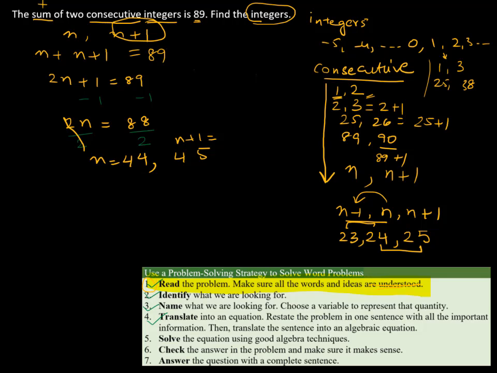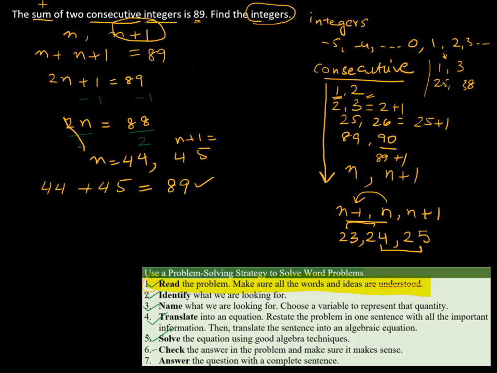Okay, let's check off what we have done. We solved the equation. Now let's check the answer in the problem and make sure it makes sense. According to us, the numbers 44 and 45, we should be able to add them and get 89, which is true, right? 44 plus 45 is 89.